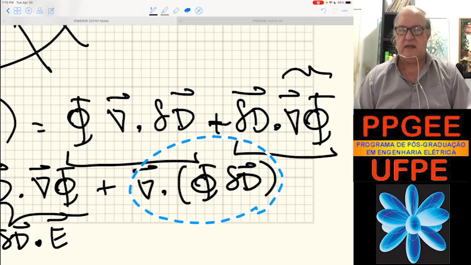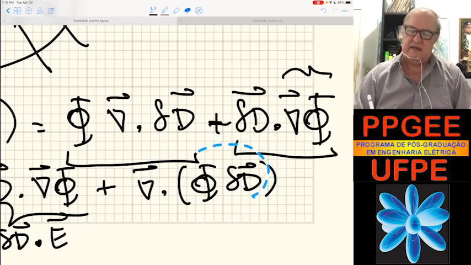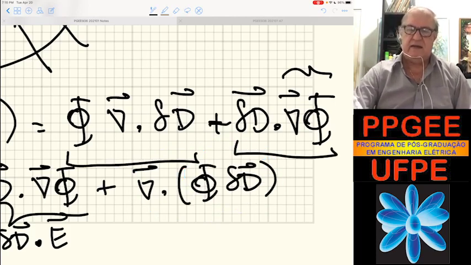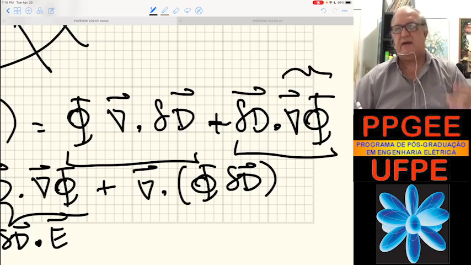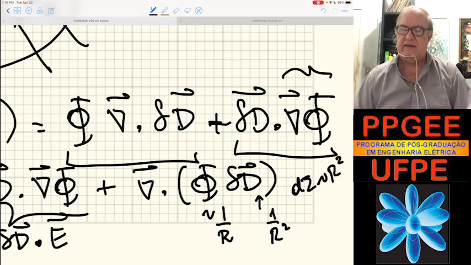By Gauss's theorem, this becomes a surface integral, the flux of this vector. Recall that the potential far away from a distribution goes as 1 over r, the flux density as 1 over r squared, and the area goes with the square of r.